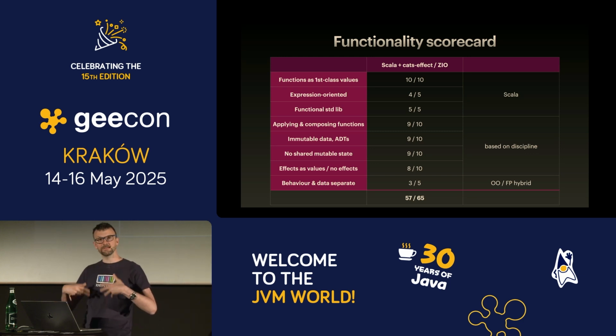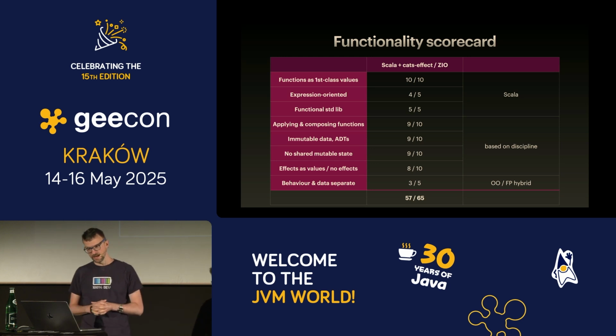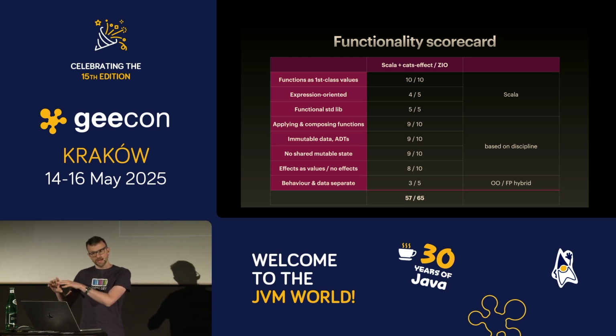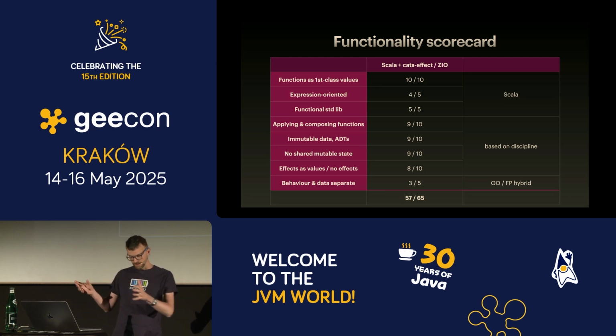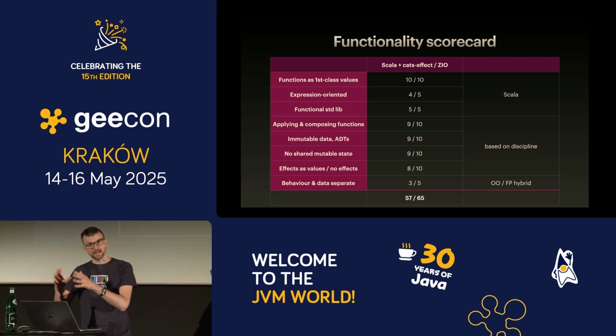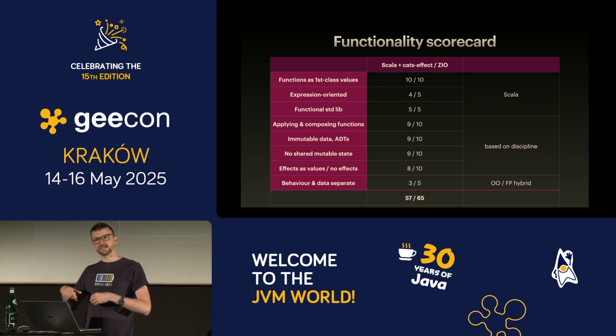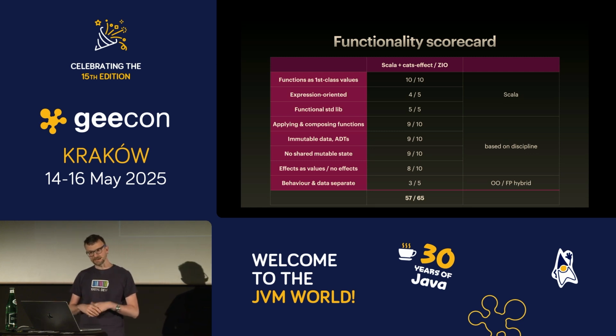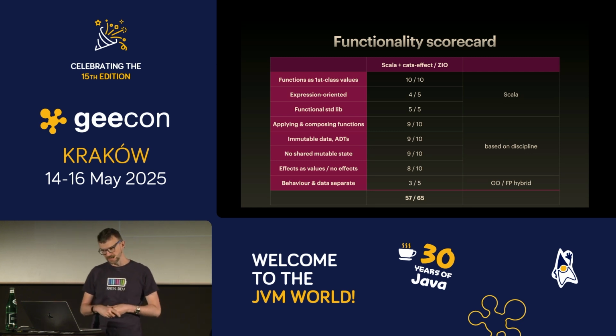That's the default way of representing data in Scala. In the pure functional approach, you try to eliminate any effects. Of course, you can still cheat. So no full points here. And very often you separate the behavior and data, but not always, since it's a hybrid language.